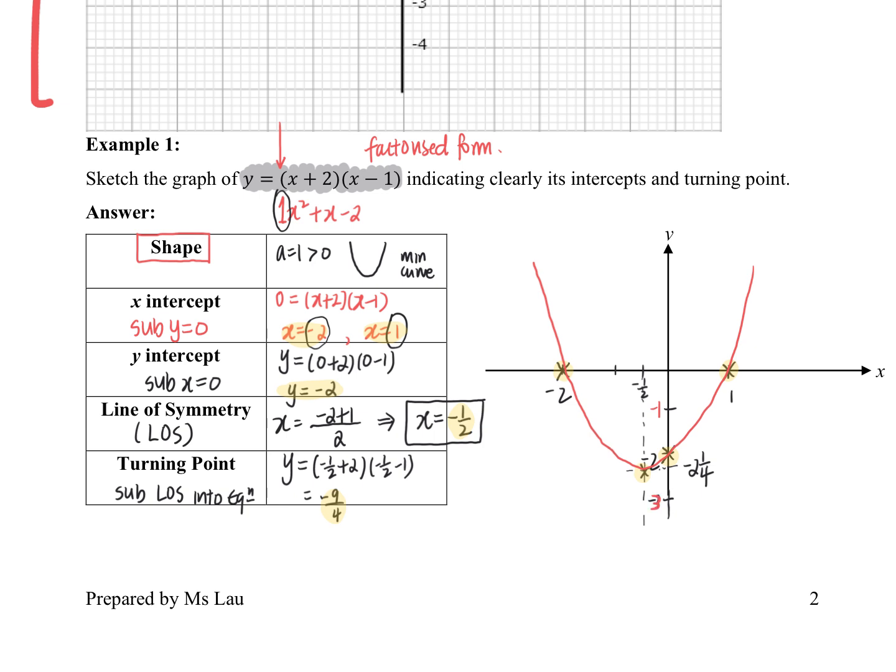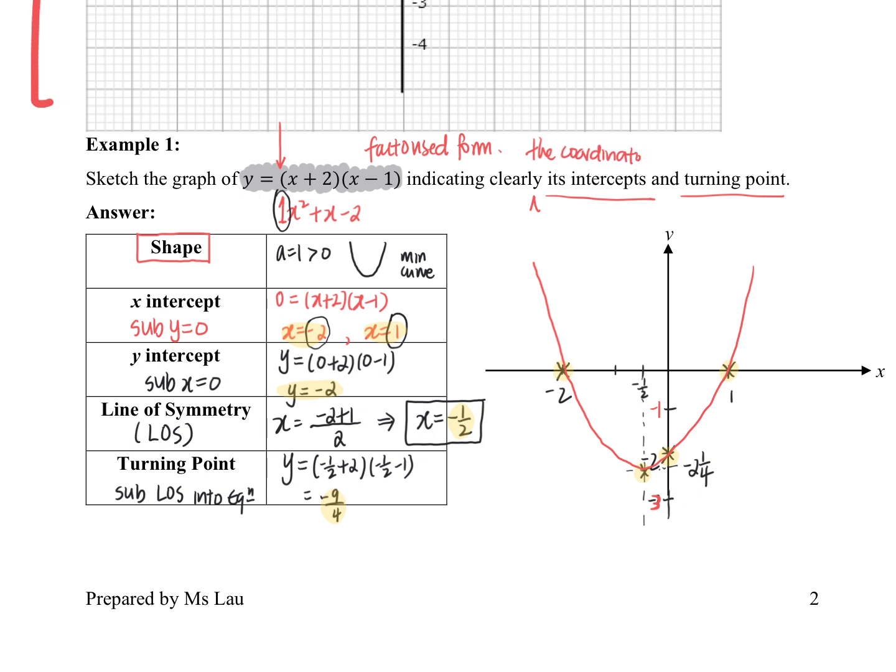Okay, so once you mark out the essential points, your smiley curve is out, your 2 x-intercepts, your y-intercept, your turning point. So make sure you mark out all the points correctly. And then they say indicate clearly its intercept, its turning point. But sometimes, let me warn you, they will say indicate clearly the coordinates.